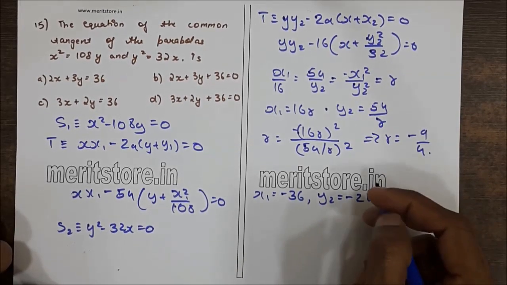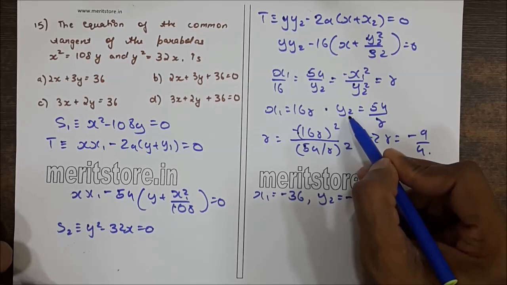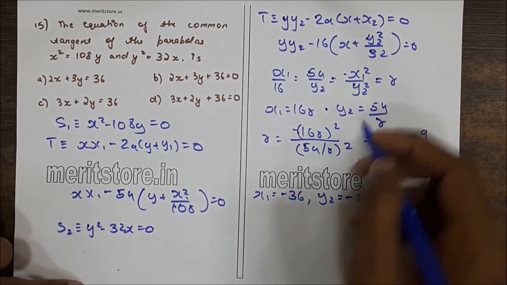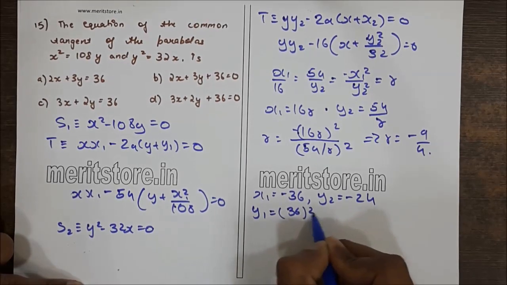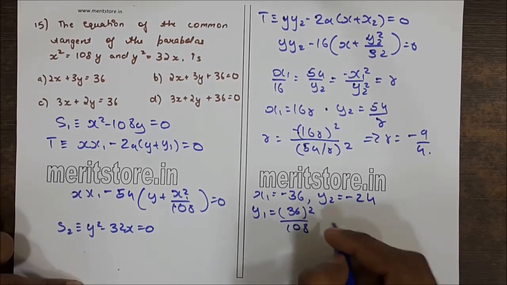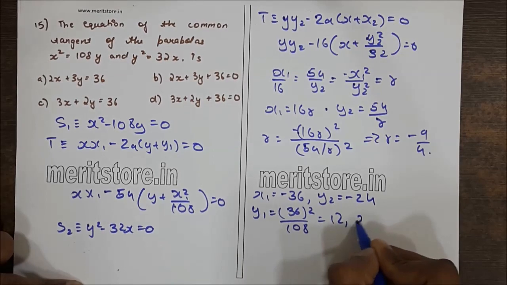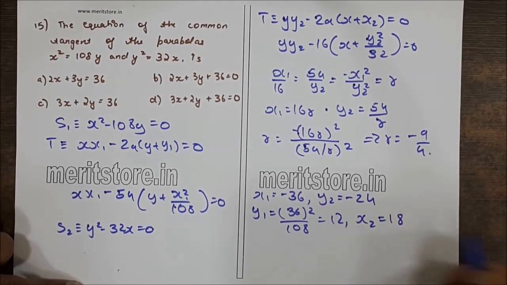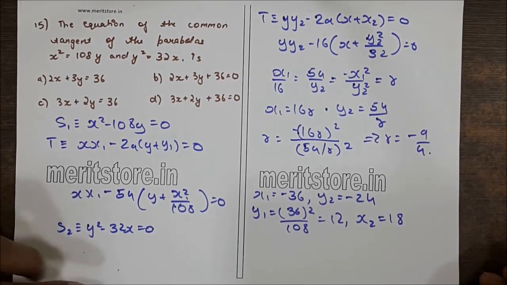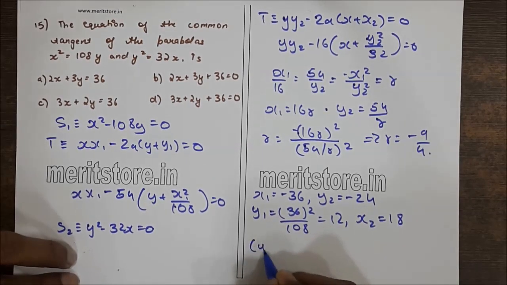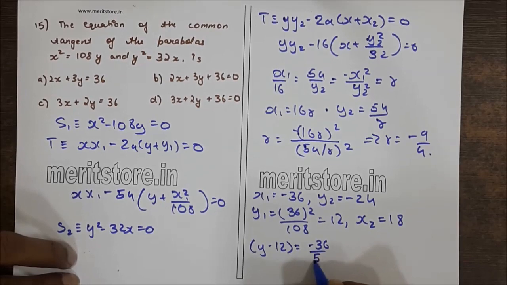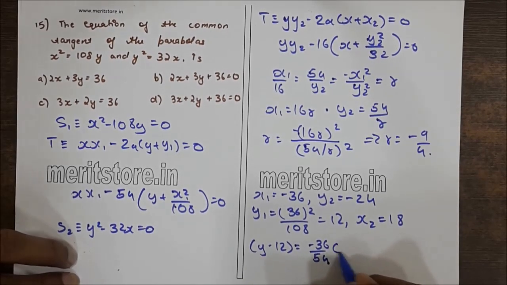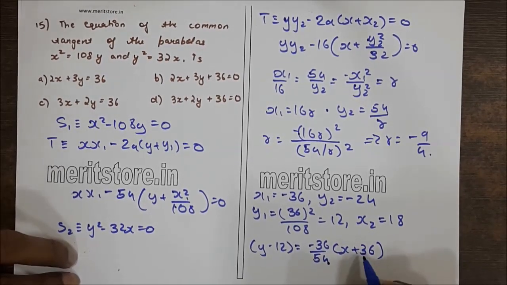Substituting the value of r in x1 and x2 and in y2, we get y1 equal to 36 the whole square upon 108, which is equal to 12, and we get x2 is equal to 80. So the equation of the common tangent can be written as y minus 12 equal to minus 36 upon 54 into x plus 36.